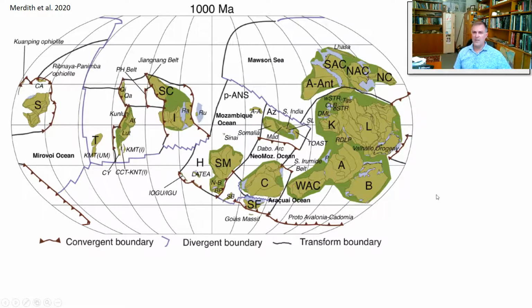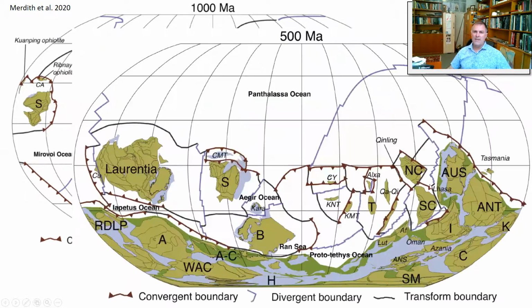And that gets to something more familiar in the Cambrian here, a Gondwana very much focused in the southern hemisphere. Notice also that even in this reconstruction, the continents are really confined to the southern hemisphere.